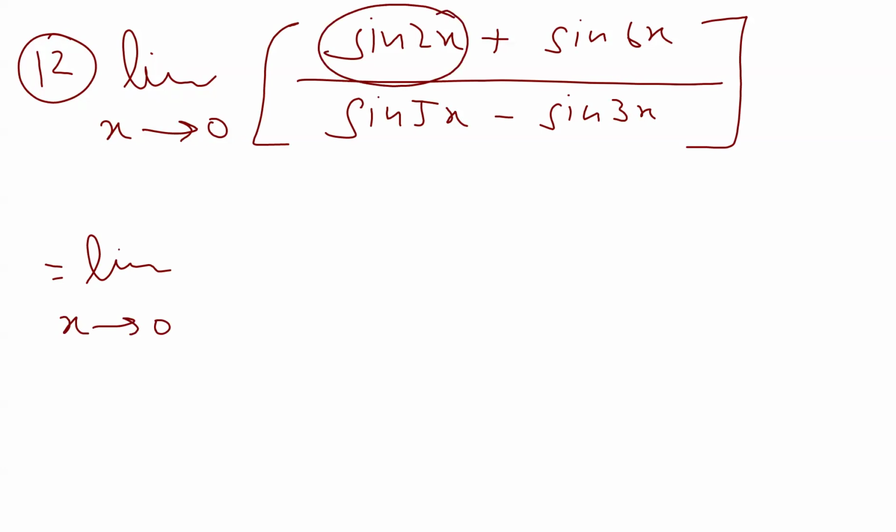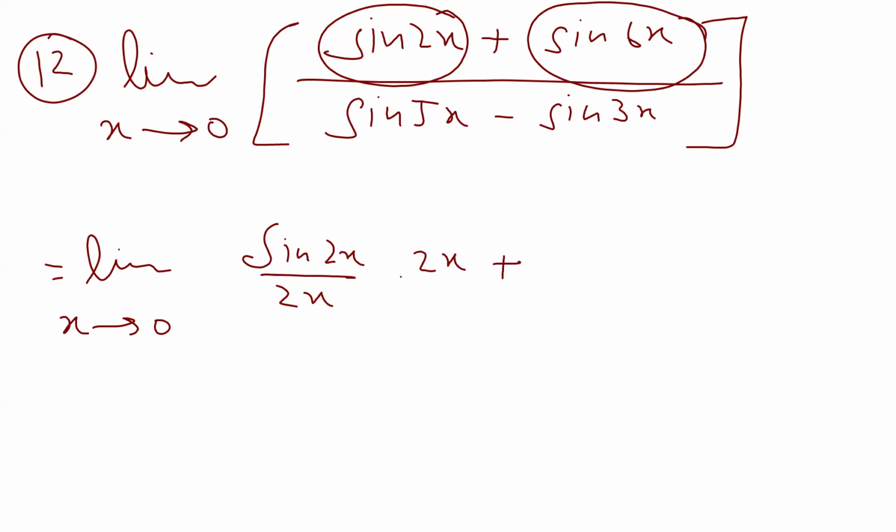Now this is sine 2x. So beneath this sine 2x, which term should be there? 2x. Correct. So multiply and divide with 2x. Beneath this sine 6x, which term should be there? 6x.